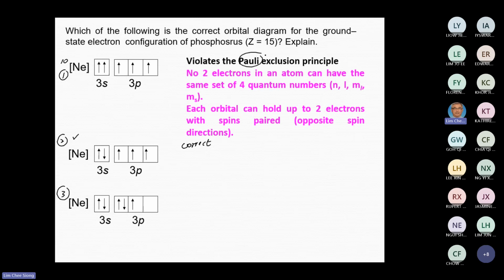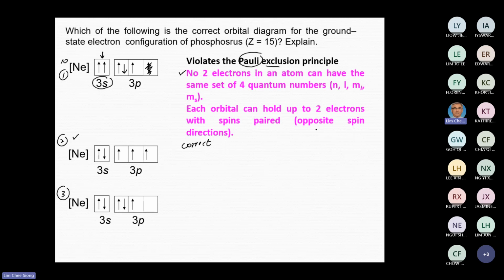Why? No two electrons within the atom can have the same 4 quantum numbers. As I mentioned already, under the same subshell is the problem over here. But under another one, 3p, for example here, this is under Hund. Get it? Okay.